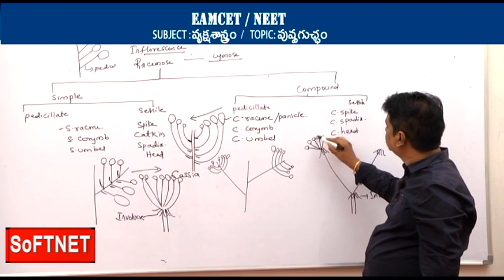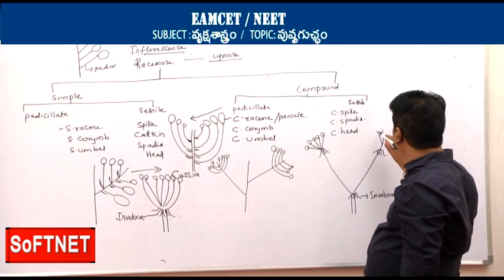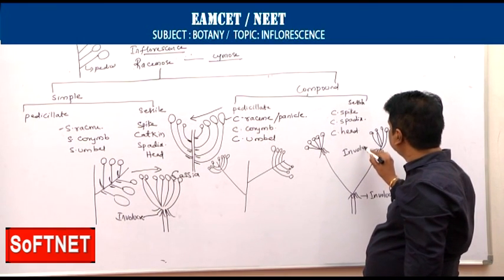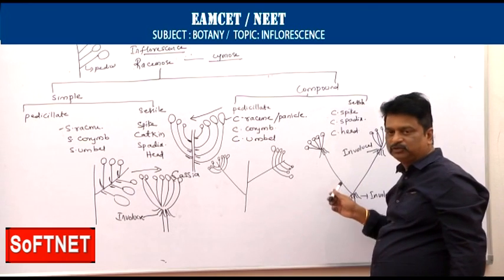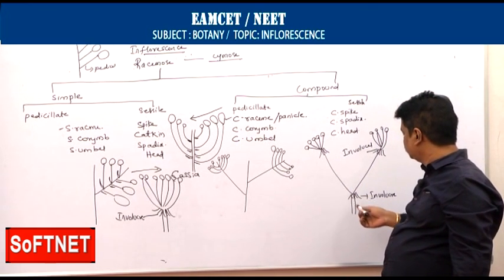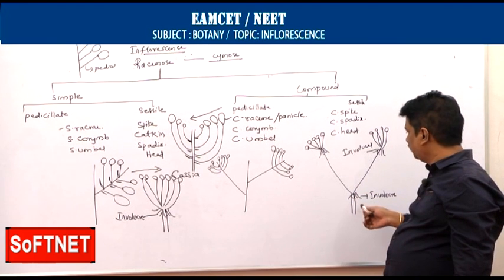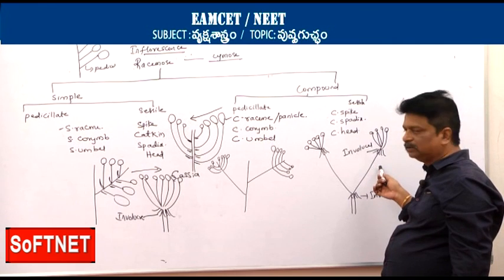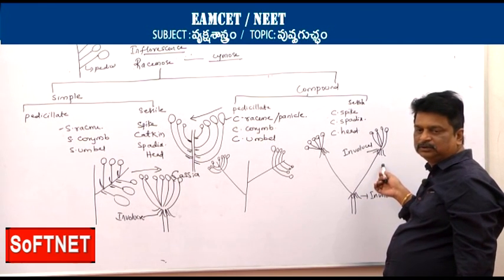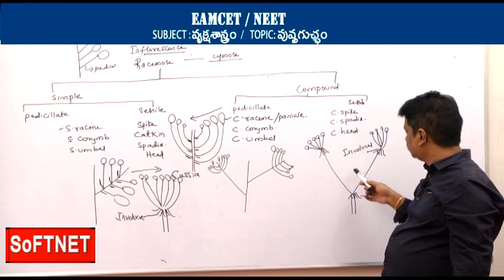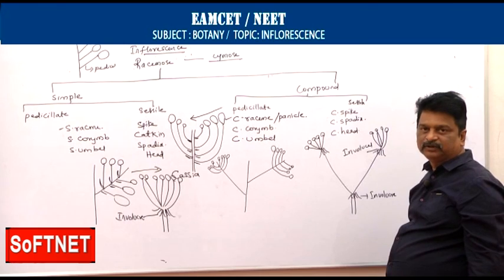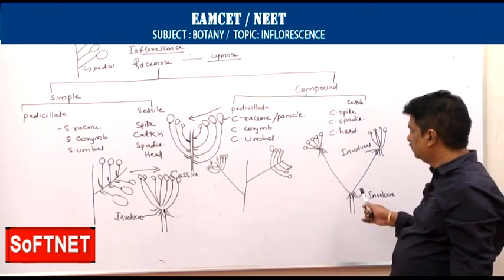But the point is, in compound umbel, bracts present below the flower are called involucel. So in compound umbel two types of bracts are present: involucre, the bracts present on the main peduncle; involucel, the bracts present below the pedicel. So involucre is present on the main axis, involucel is present below the flower, in a compound umbel.